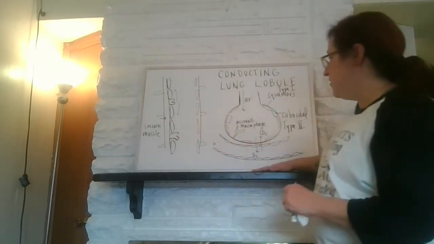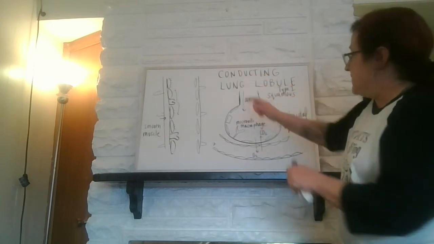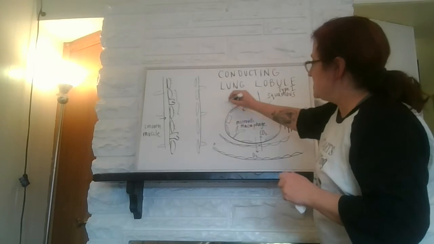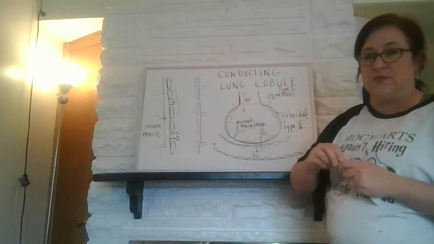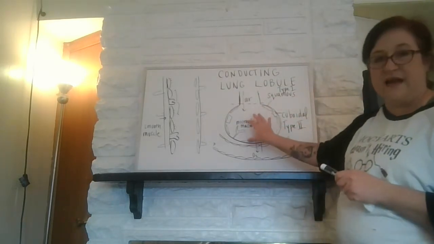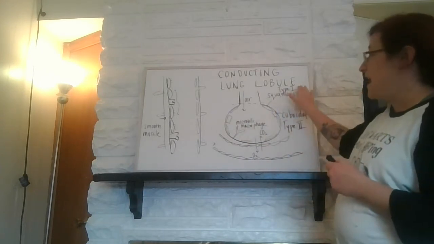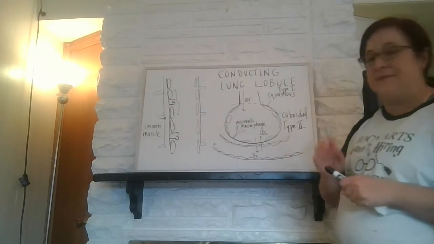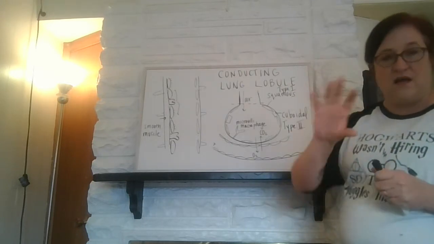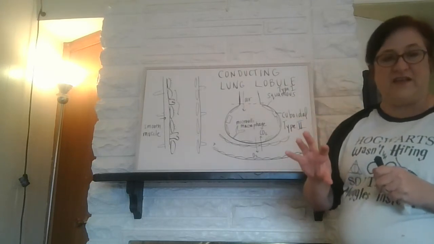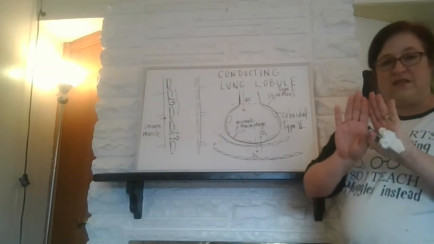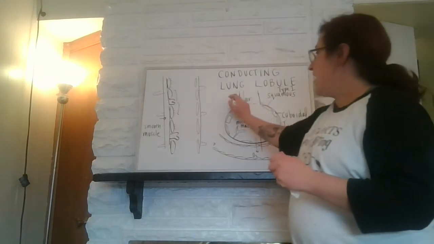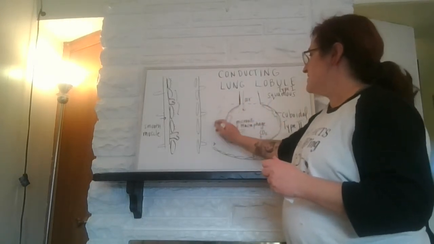Then, as we get lower, here's the bottom of the conducting system. Remember, it's a series of tubes that get smaller and smaller and smaller till we get to the very end, which is the lung lobule. That's where the gas exchange takes place. The picture you see there is a bunch of alveoli, as well as the lung parenchyma, which is the tissue that surrounds conducting airways in the lung lobules.